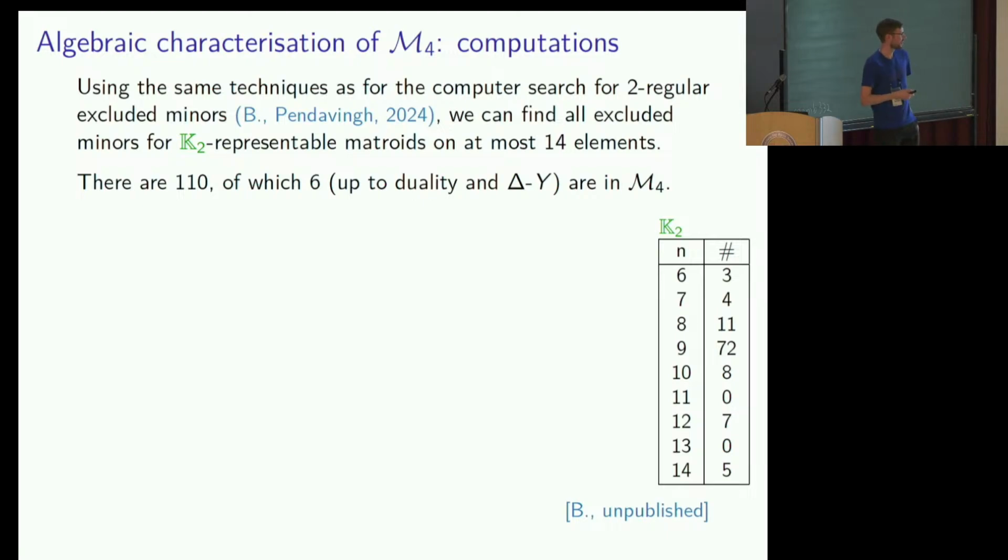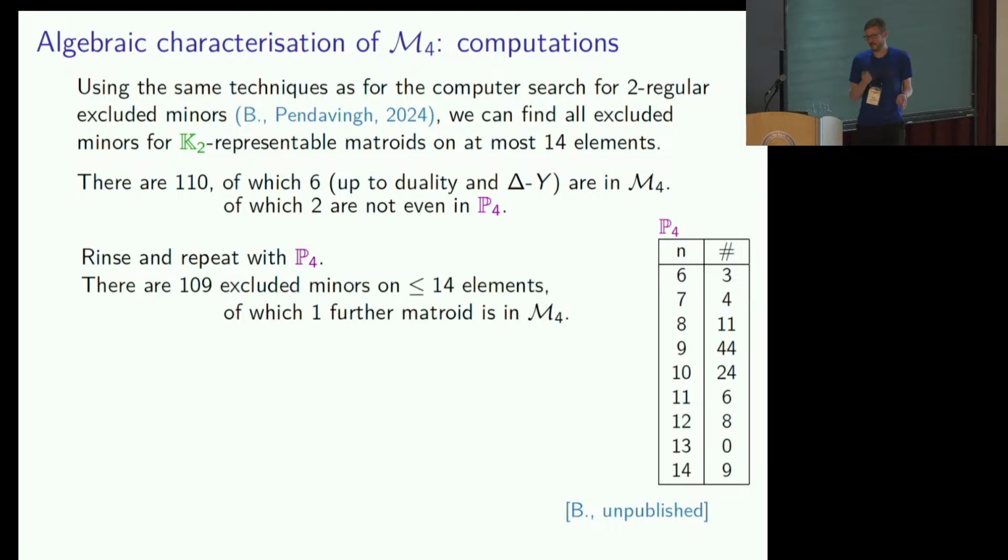So on the right you can see the number of each size. But what I'm interested in is there are these 6 up to duality and this operation delta-y that I'm not going to get into. There's 6 that are in our class M4, and in particular 2 that are not even in P4, not even P4 representable. So this tells us P4 is also not the partial field we're looking for to characterize M4.